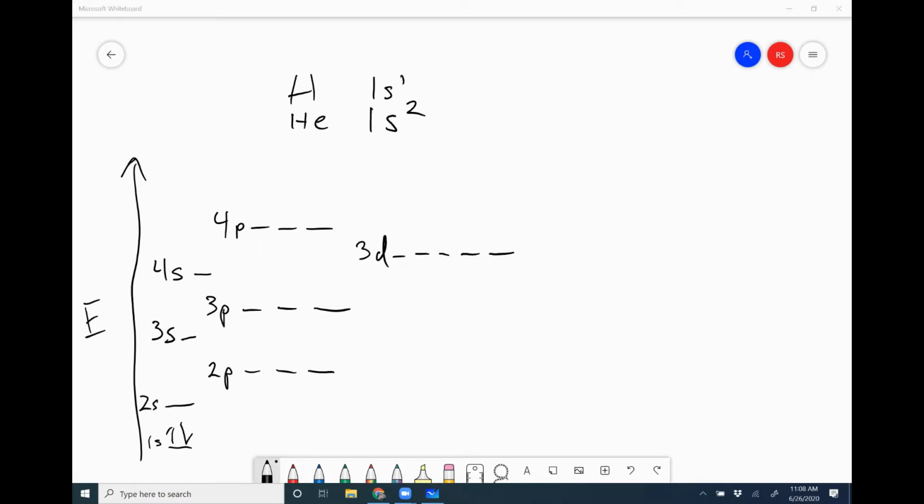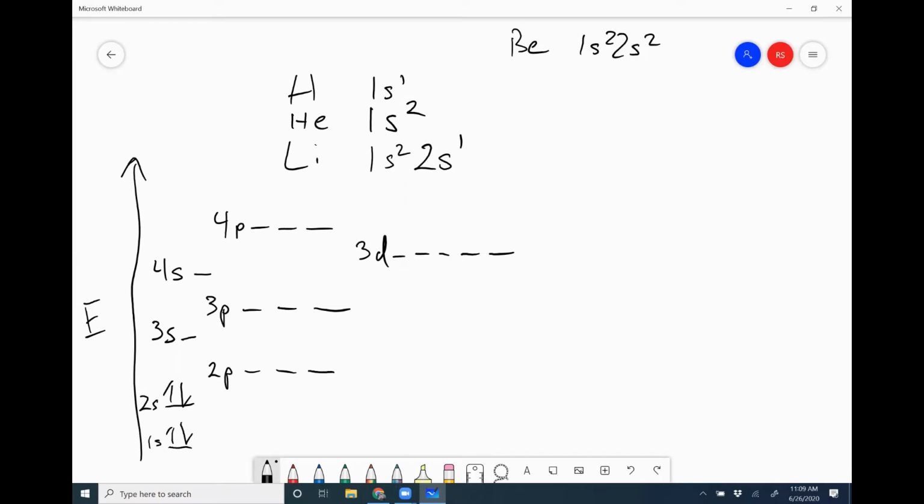If we have lithium that has 3 electrons, so we get 1s2, just like we did before, and we go like that, and we get 2s1. Then we do beryllium with 4 electrons, and we get 1s2, 2s2.